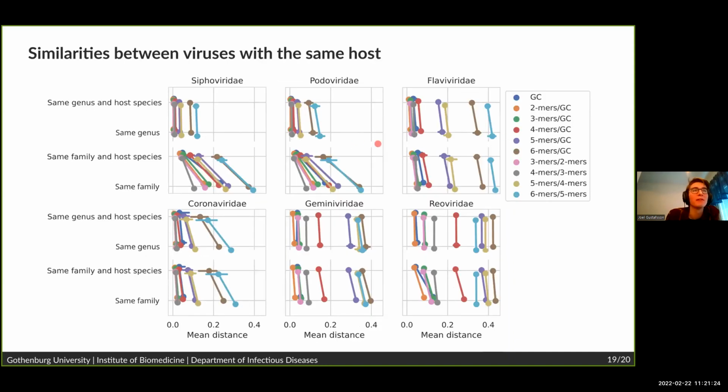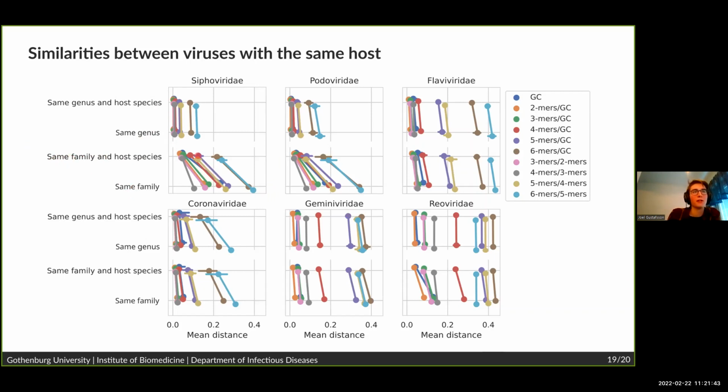So the next step is then to look at how similar are viruses from the same genus that infect the same hosts. And then we compare that to the entire similarity in the entire genus, and then similarly for the families.